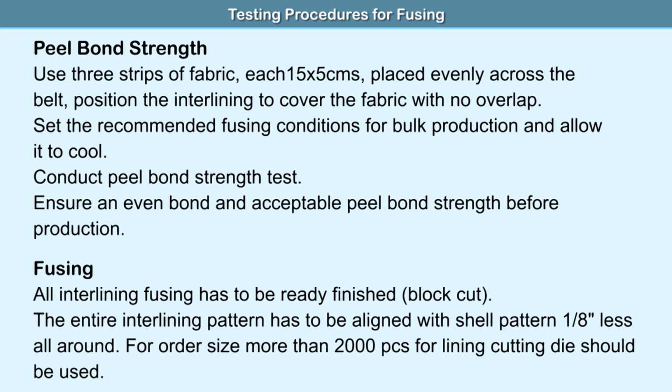Peel bond strength. Use 3 strips of fabric, each 15 by 5 centimeter, placed evenly across the belt. Position the interlining to cover the fabric with no overlap.